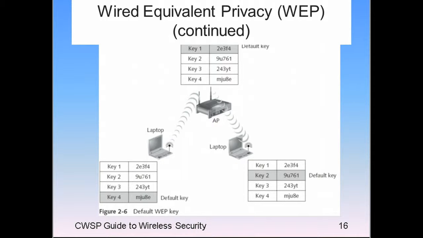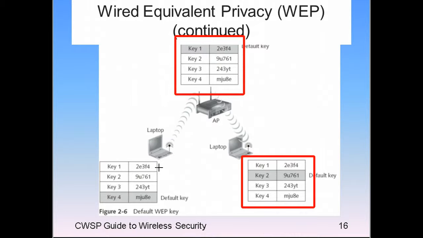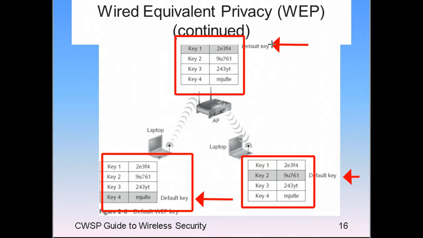So this is just a picture here of the keys, and we have these keys on each of the devices, and each of them has a different default key. So the default key here is key 4, up here is key 2, and key 1 on the access point.